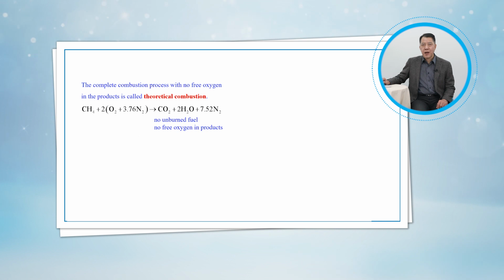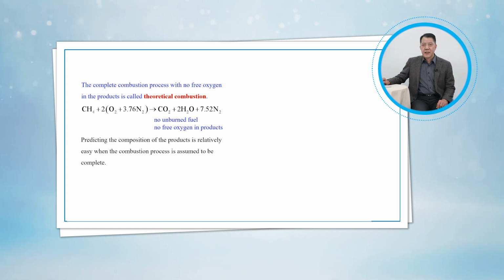The complete combustion process with no free oxygen in the products is called theoretical combustion. Predicting the composition of the products is relatively easy when the combustion process is assumed to be complete and the exact amounts of the fuel and air used are known.